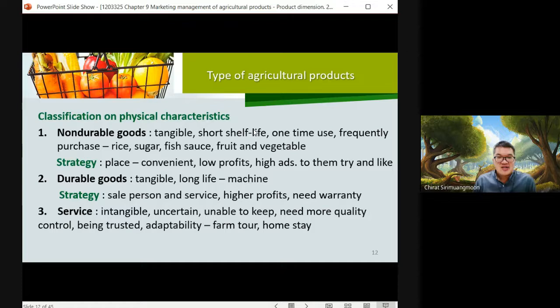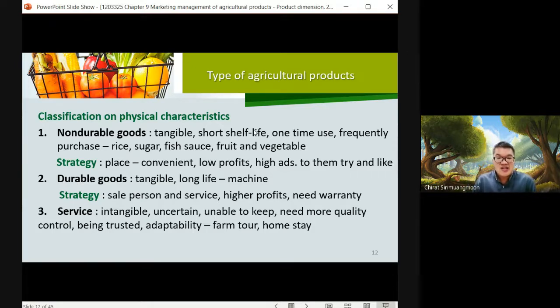Then as I mentioned before, we can classify agricultural products in many ways. The first way that we're going to think of is physical characteristic, like the look, the things that are physical, like the outer side.